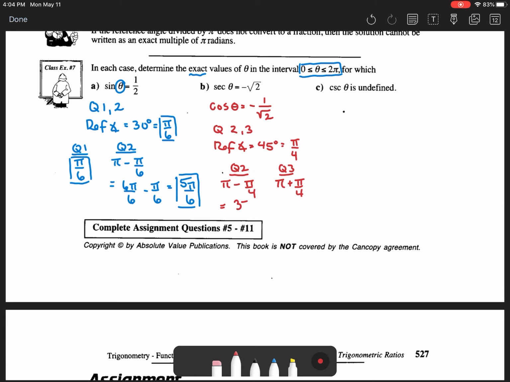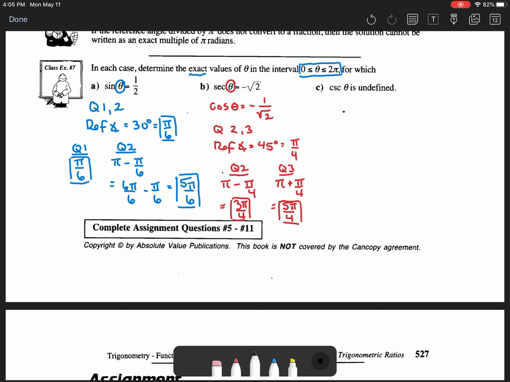Okay, so this is going to be 4 pi over 4 minus pi over 4. So 3 pi over 4 will be your angle in quadrant 2. And in quadrant 3, it'll be 4 pi over 4 plus pi over 4, which is 5 pi over 4. Okay, so those are your 2 values of theta. Again, that's the variable they're using in this question. So theta would equal 3 pi over 4 and 5 pi over 4.